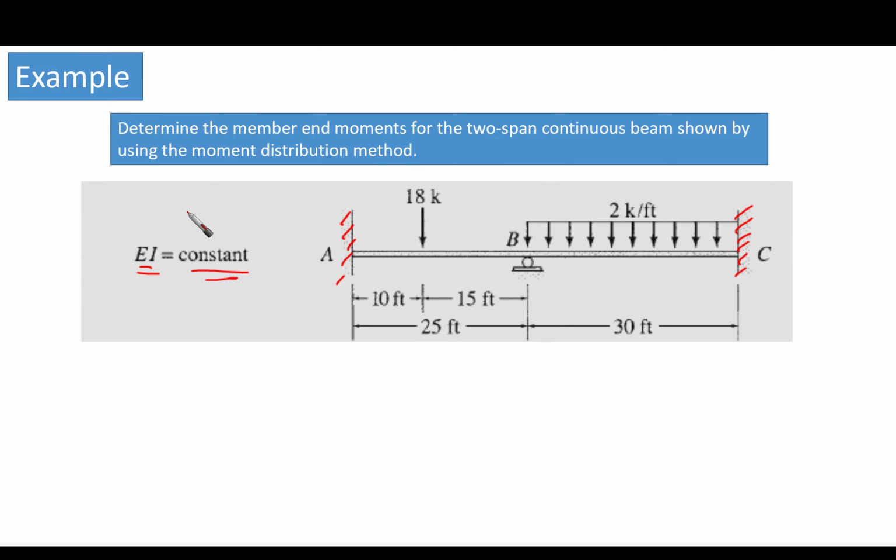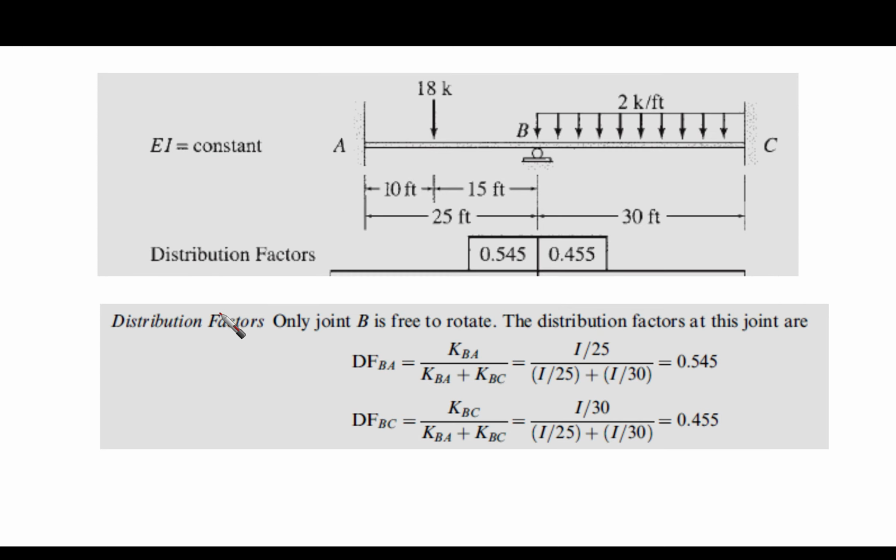For this case, it will simplify the method for us. Now let's go to the next step: let's obtain the distribution factors. First of all, how many joints are free to rotate in our case?